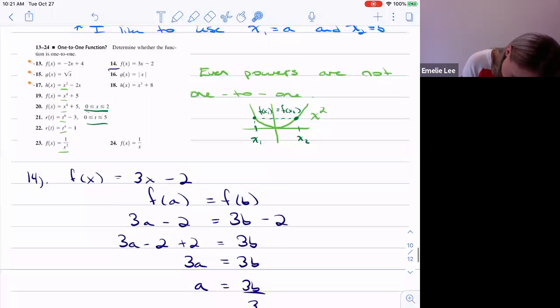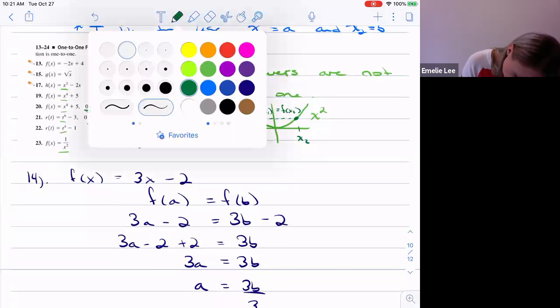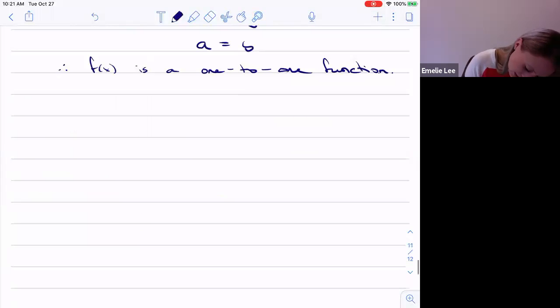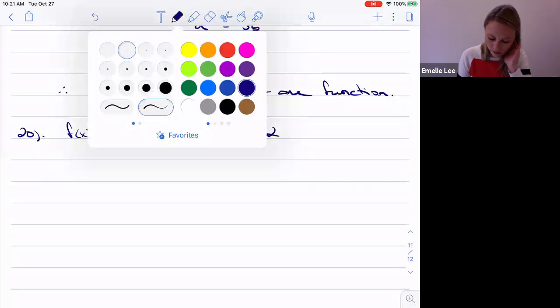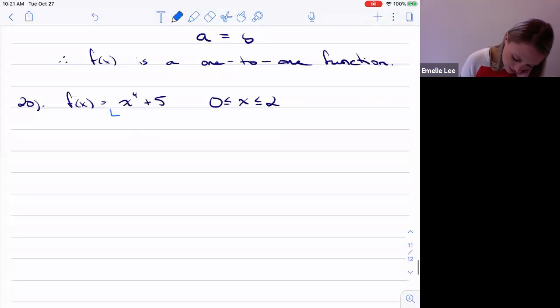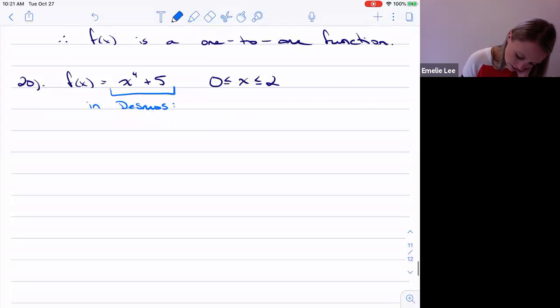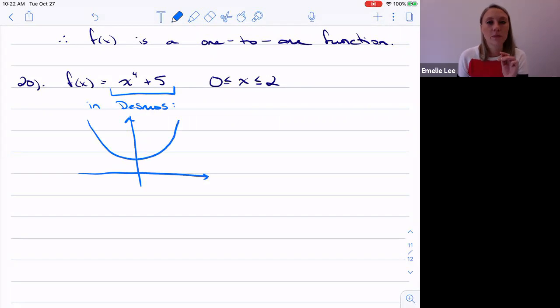So let's look at 20. f of x equals x to the 4th plus 5 when x is between 0 and 2. Okay, so in Desmos, it looks something like this, right?